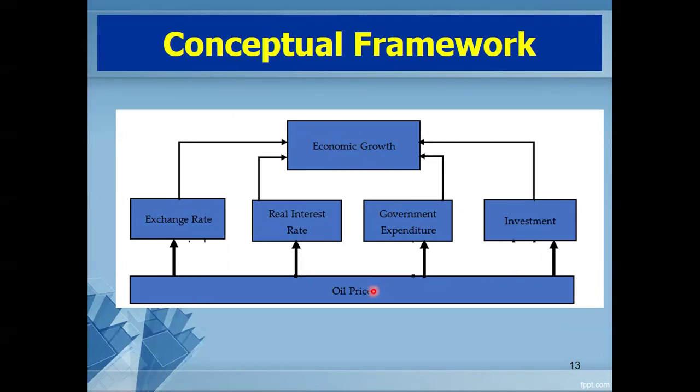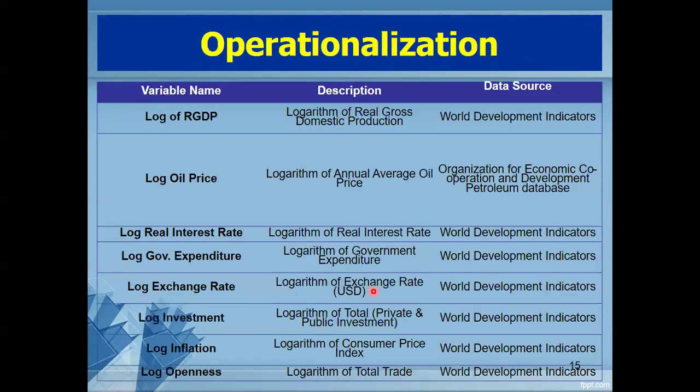Altogether 6 variables, and then we have to very clearly indicate what the descriptions of the variables are. So in this operationalization, you can take the variable name, the description, and the possible data sources for these variables?